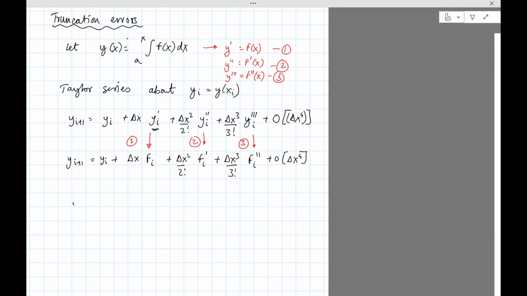But what is this integral? y of x equals the integral of f of x dx, here taken between xi and xi plus 1.